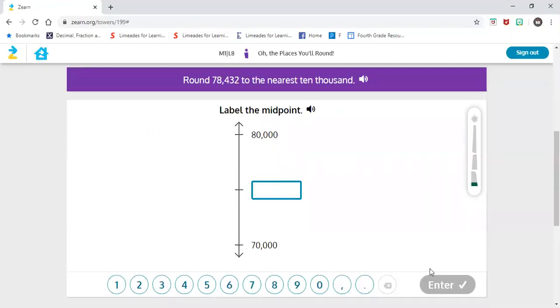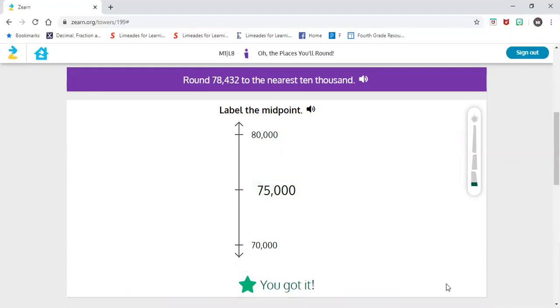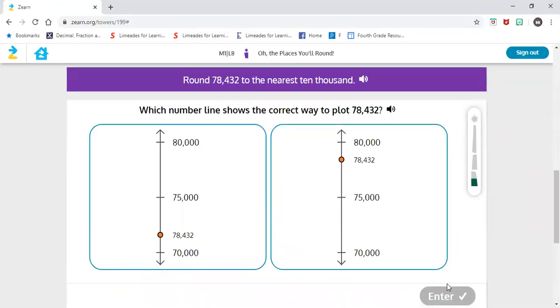Now I have to figure out my midpoints. So 70 and 80, what is the midpoint between 70 and 80? Yes, 75. So 75,000 is my midpoint. Now I have to place 78,432 on my number line, and that will be above my midpoint.